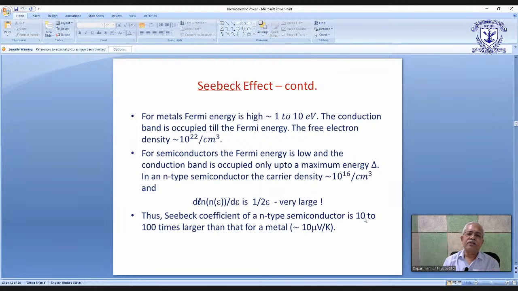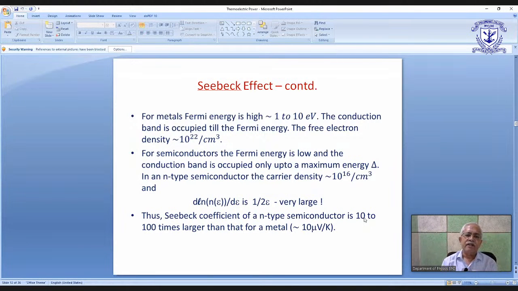So the entire conduction band is available for the free electrons to occupy. Therefore, the free electron density in metals can be shown to be very high, 10 to the power of 22 per centimeter cube. On the other hand, for semiconductors which have a band gap, there can be no electrons occupying the energy states in the band gap.